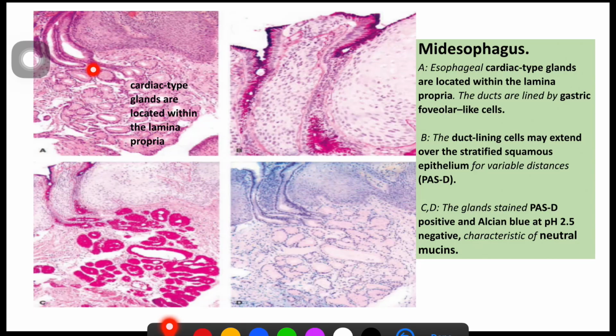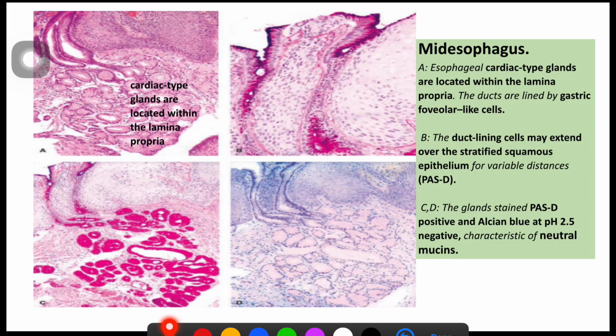The lamina propria is just beneath the squamous epithelium, and it contains all these glands. These are the cardiac type glands, or this duct lined by gastric foveolar like cells.